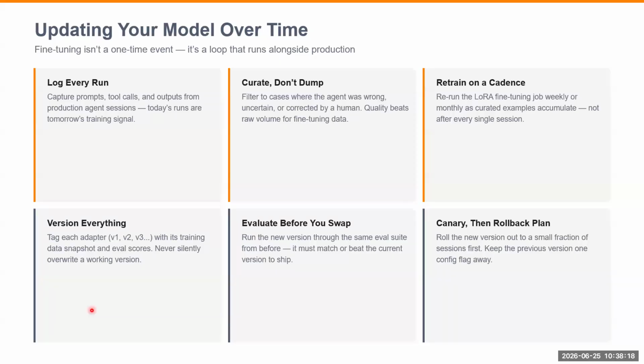You need to filter all the cases where things went wrong, uncertain, or were corrected, and use that to fine-tune the model so the model understands what it did wrong, what was uncertain, or what had to be corrected. You want to version everything and evaluate before you swap.